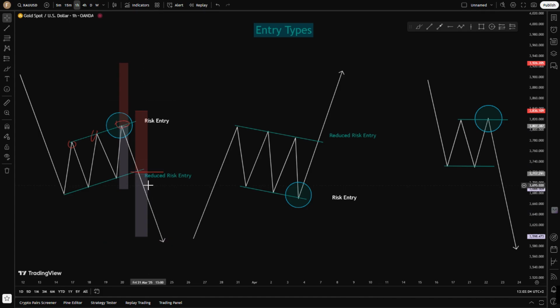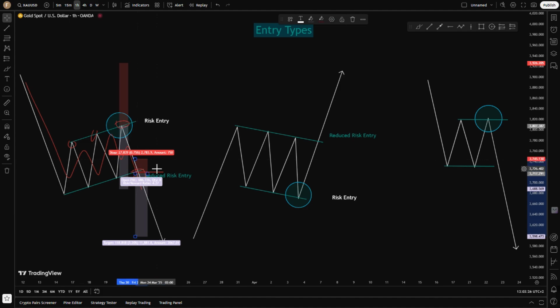Simply because we see that this was an impulse to the downside, a correction, and once we break here, this is a confirmation that we are going to the downside. So when we enter here, this is a reduced entry because we can have a stop loss somewhere around here and our TP somewhere down there. So this is our second entry type, which is the reduced risk entry.